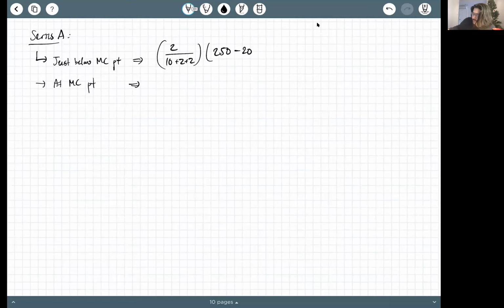Notice they don't have participation. That's why I only have an expression for common equity ownership, minus 60. So that's the payoff to Series A at that point. That gives us 24 2/7 million.